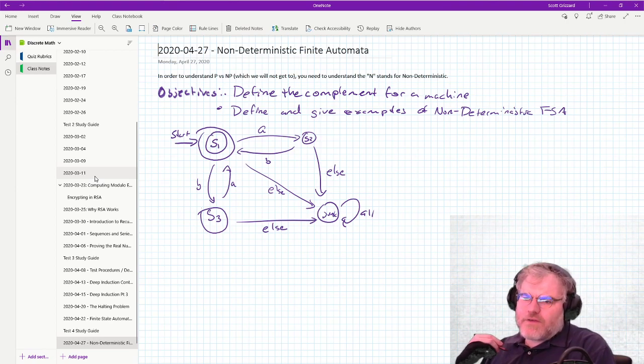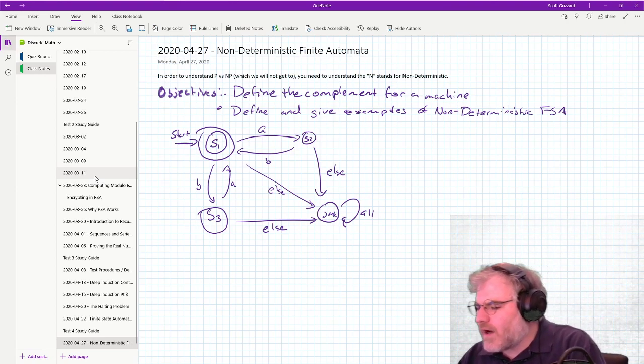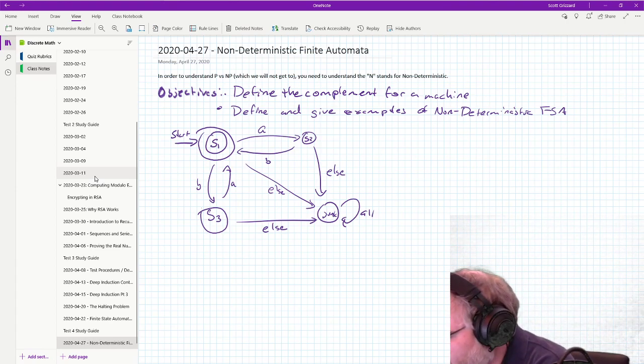So now I want to define the complement of this. What would be a description of this machine, by the way?